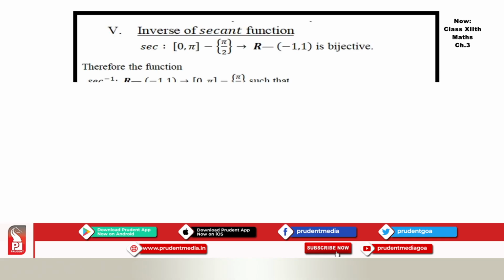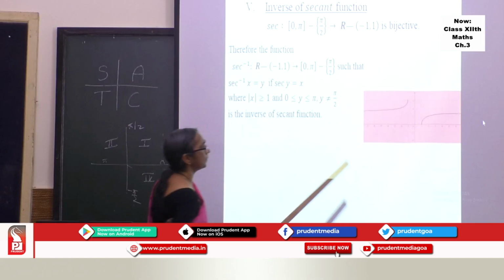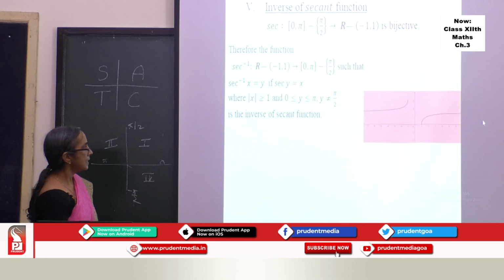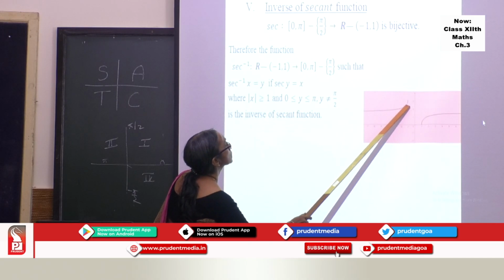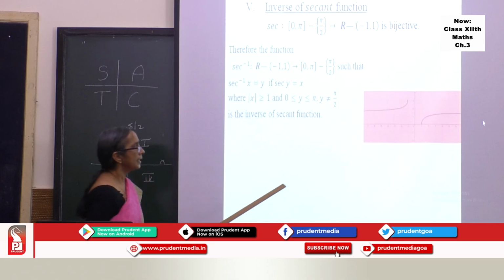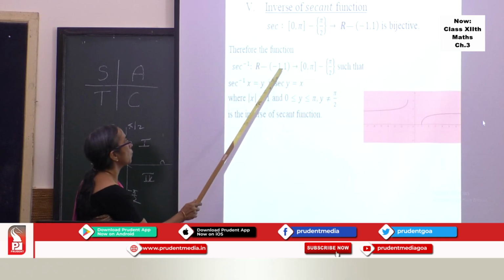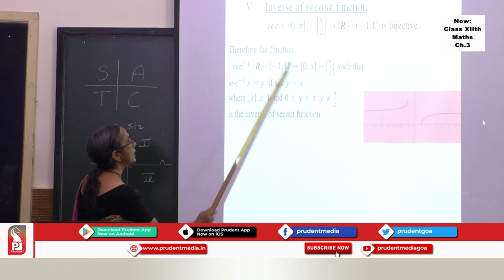Let us see the graph of the secant function. This is the graph of the secant function. You cannot see values between minus 1 and plus 1. You can see sec inverse of 1 is 0. Similarly, sec inverse of minus 1 is pi.